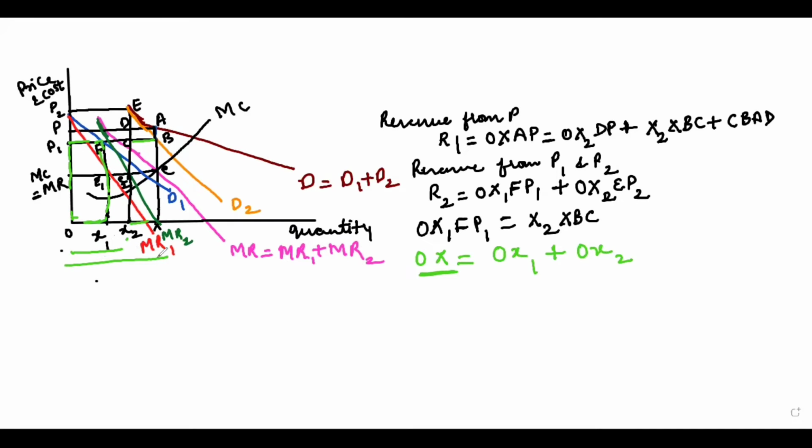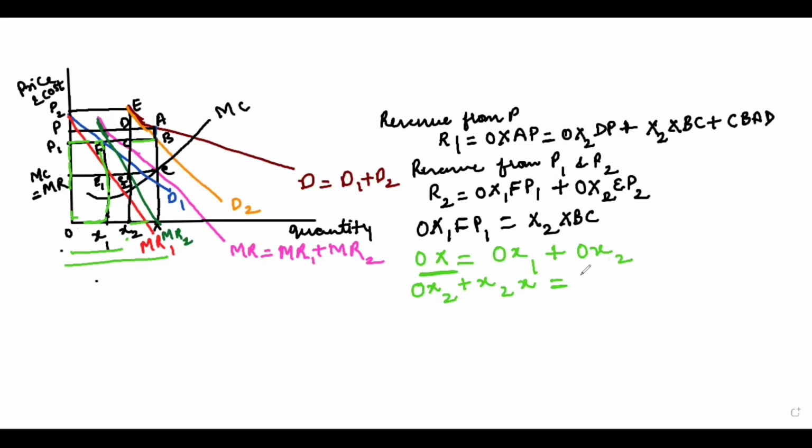And since we can also write OX output as OX2, this output is basically the sum of this output X2 plus X2X. So we can write it like this also.